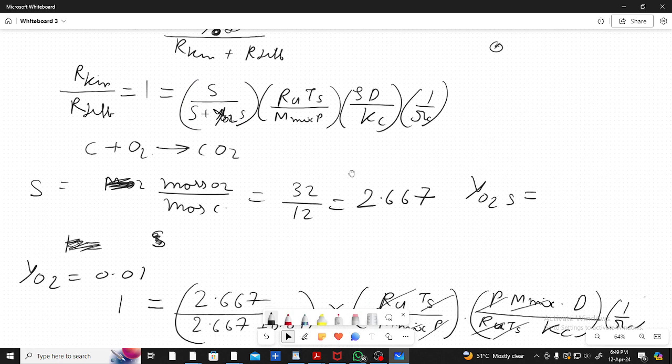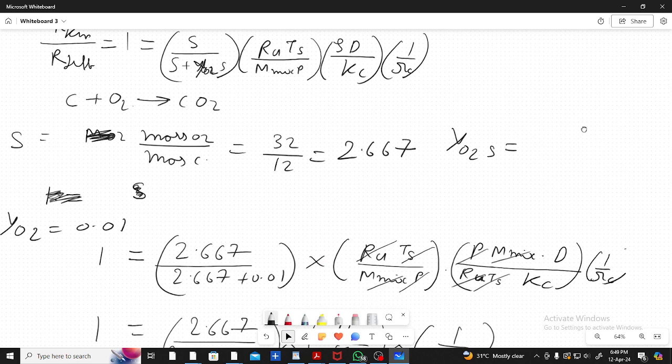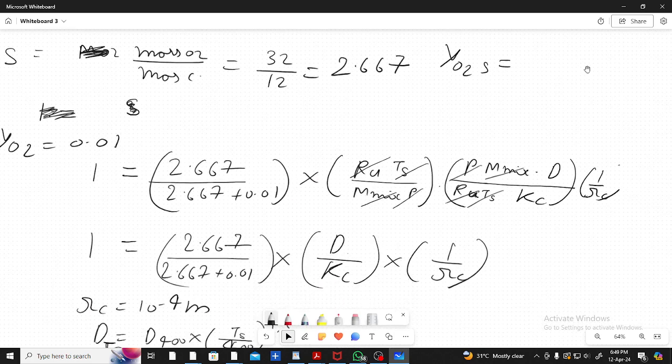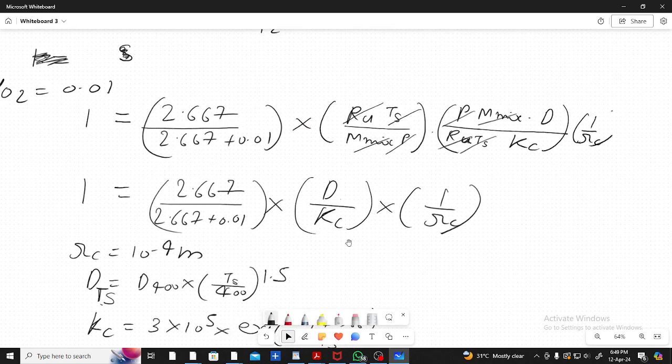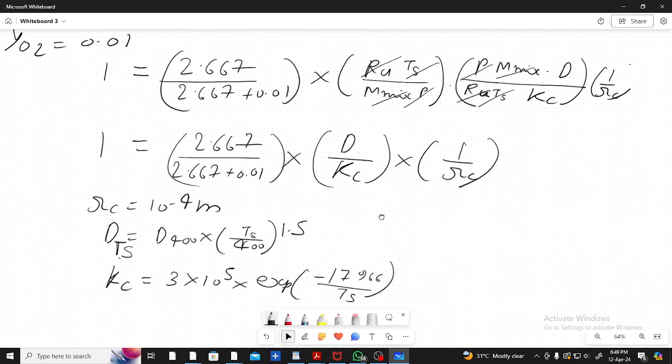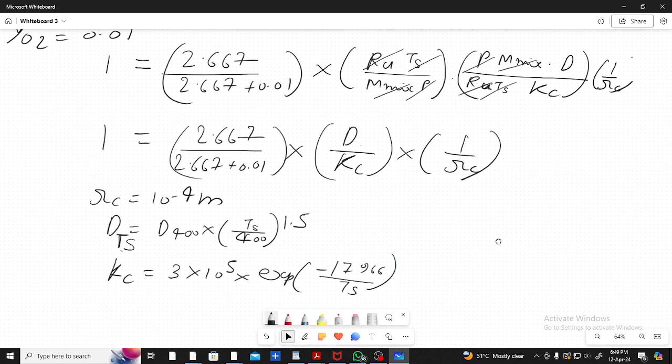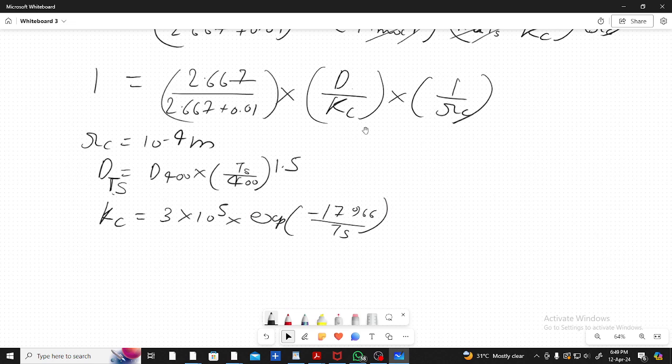Other things we use from the PV equals mRT equation, and finally we got this. D and K we know from these relations. Now if we substitute these values here, we will get one equation, one unknown.